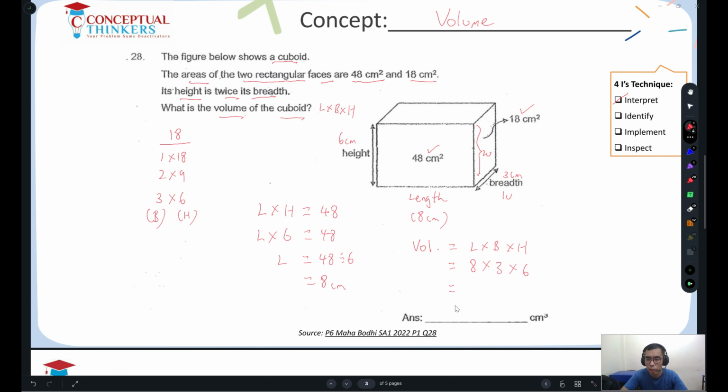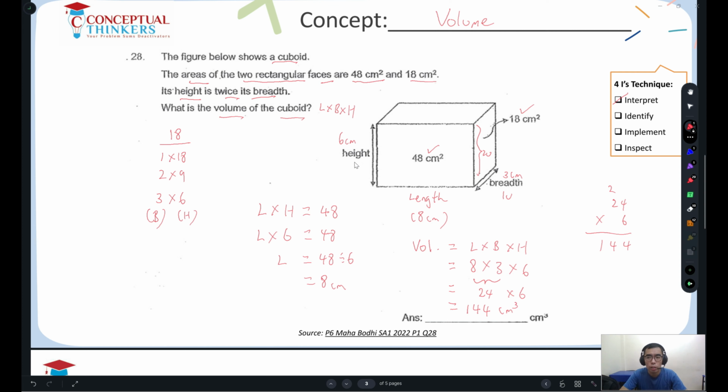We are not allowed to use a calculator because this is a Paper 1 question, so we can do it from left to right. 8 times 3 will give me 24. 24 times 6: 6 times 4 gives me 24, so 2 on top. 2 times 6 will give me 12, 12 plus 2 gives me 14. So this will give me 144 cm cubed, because this is a volume.